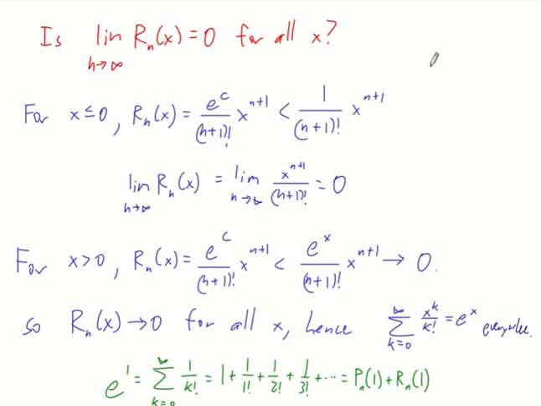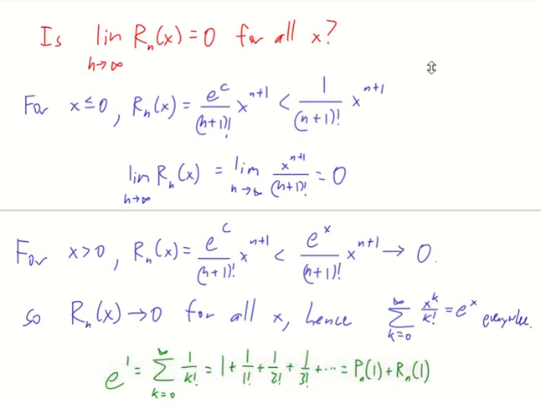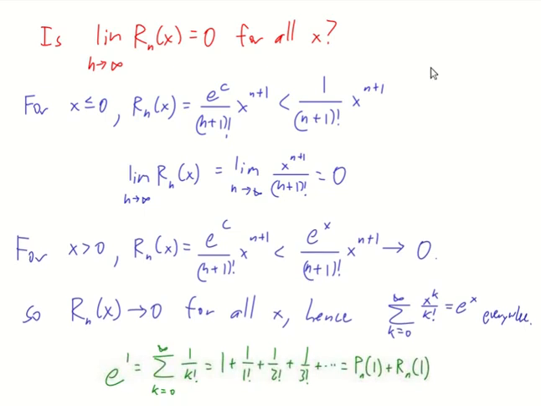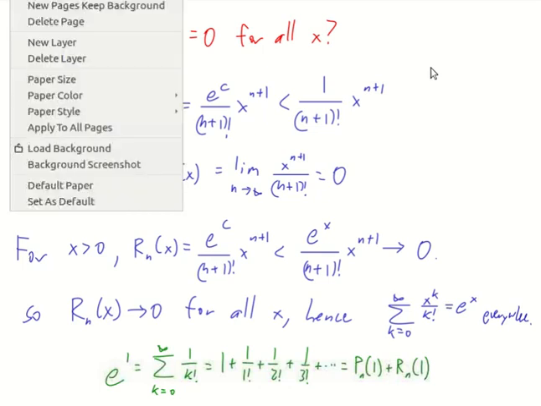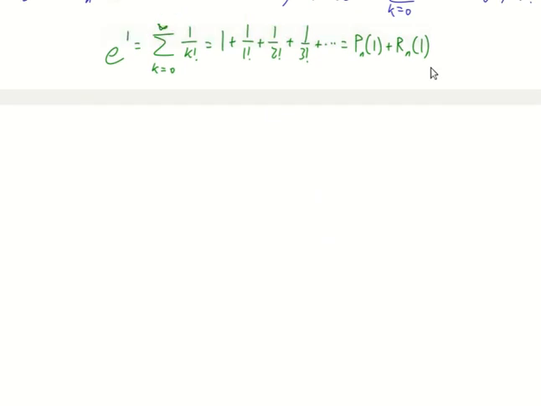And that remainder piece can be bounded, and it can give us an error estimate for how far off the nth Taylor polynomial is from the actual value. And that's the next step, if we can look at this Rn of 1, which in this case was e to the c times 1 over n plus 1 factorial.